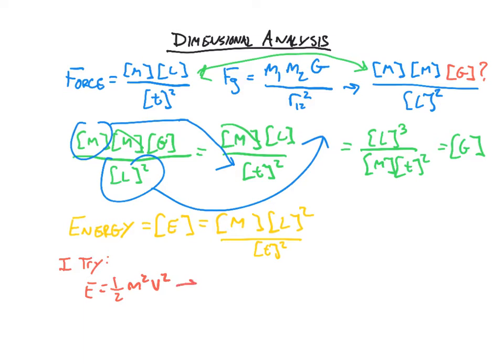Well, if I did this, we see my units are going to be mass squared, length squared over time squared. But this can't be right. I have units of mass squared. So if I'm working a problem and I get to a point where I measure an energy and I see that it has the wrong units, then that's a good clue to me that I need to go back and look at what I did and find out where I made a mistake.